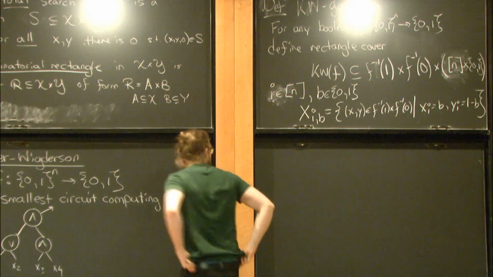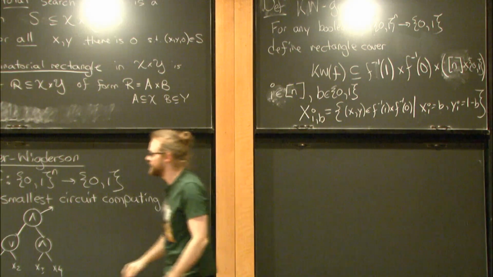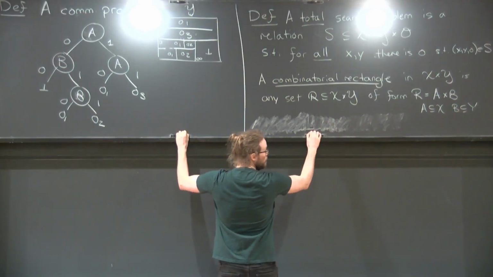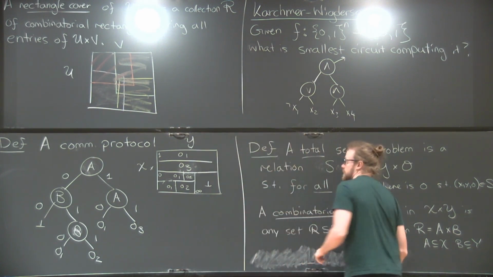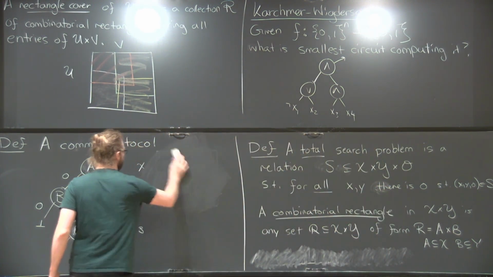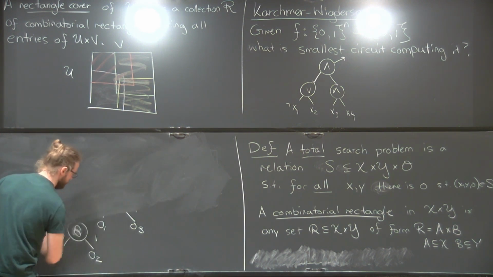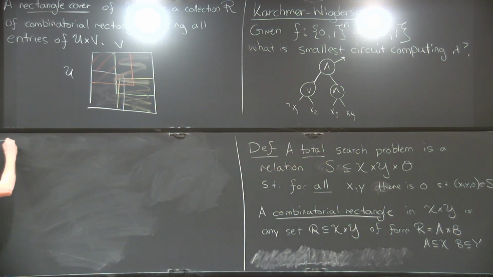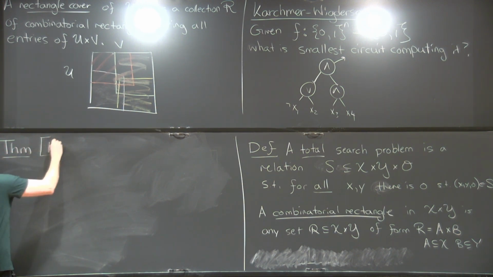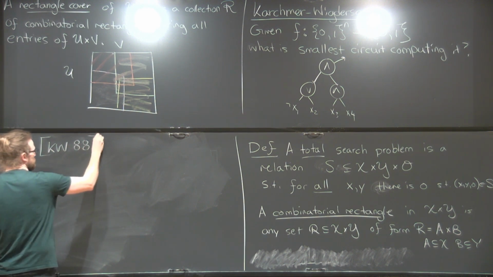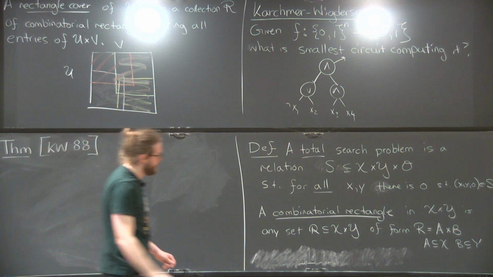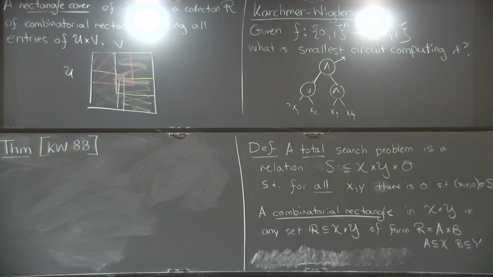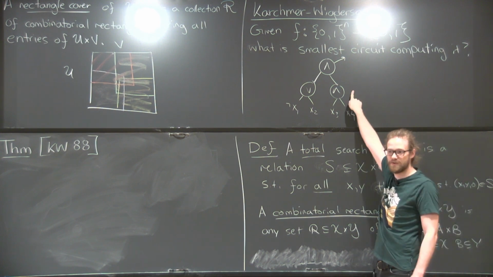So what I'd like to prove now is that, in fact, the depth of the smallest communication protocol that solves this Karchmer-Wigderson game is the same as the depth of the smallest circuit which computes the function.